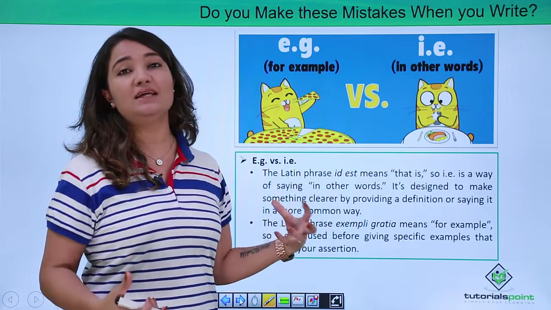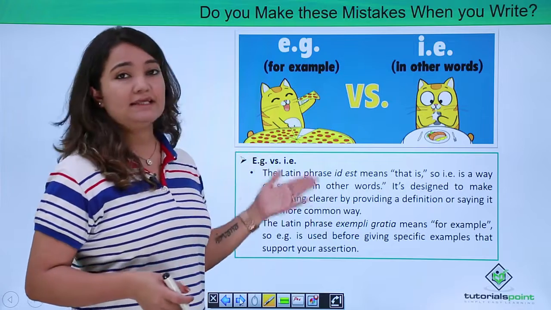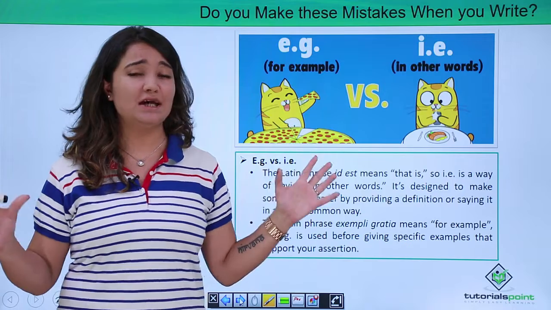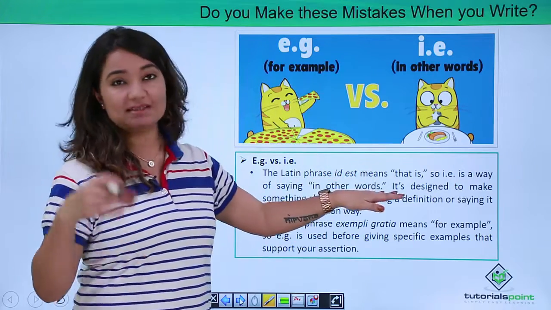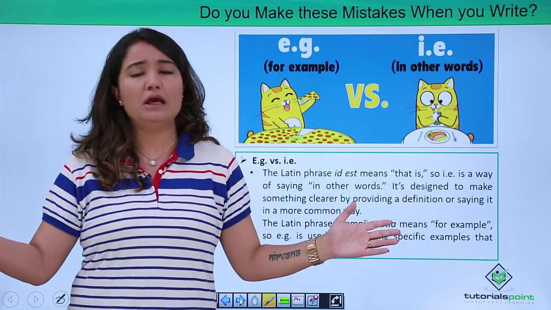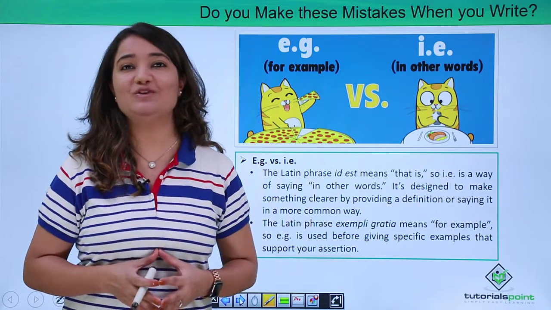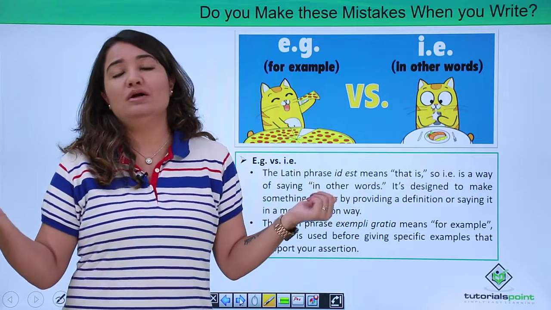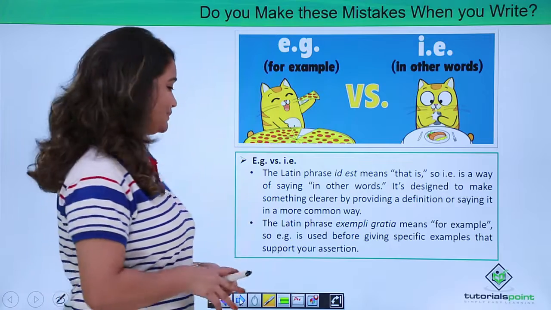Both are derived from Latin phrases, id est and exempli gratia respectively. So next time you use them, just be careful that IE means that is and EG means for example. I'm sure there will be no room for confusion anymore whenever you are using them in your writing.